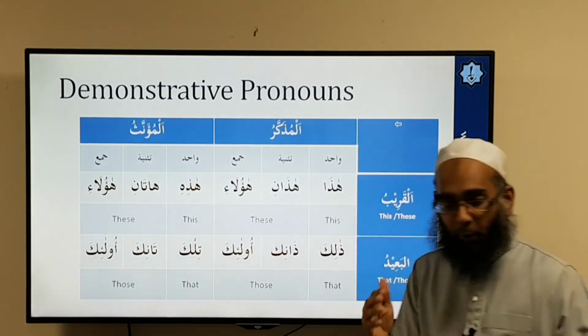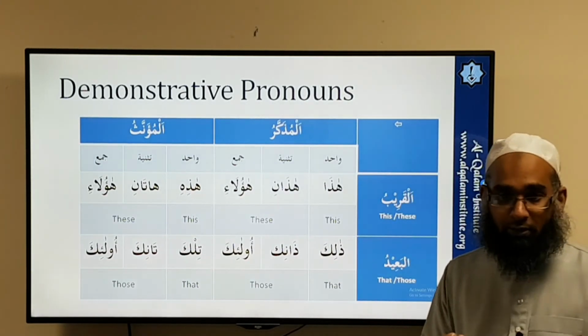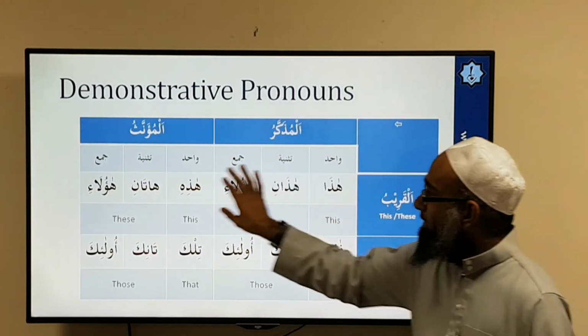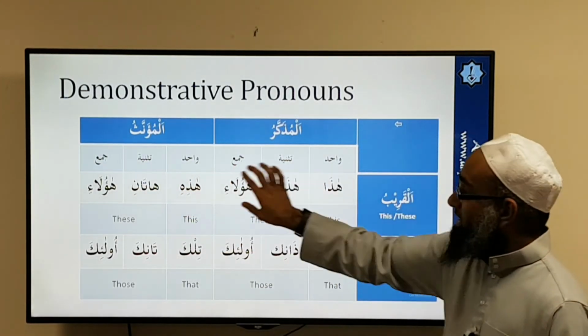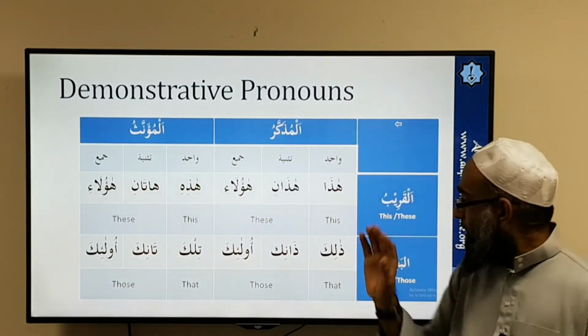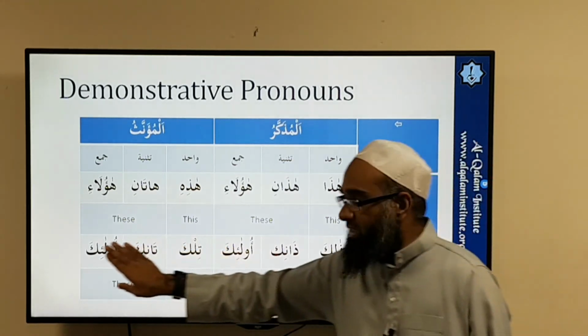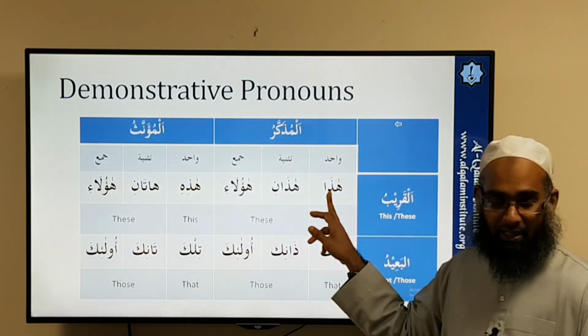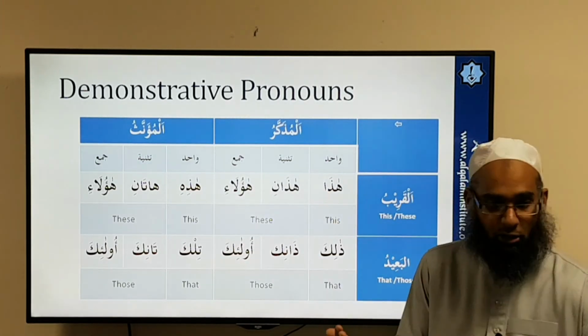So if you're pointing to something which is close to you, then you have to think, is it masculine or feminine? If it's masculine, you use these 3. If it's feminine, you use these 3. And if the thing you're pointing towards is far, you use these 3 for masculine and these 3 for feminine. You point towards one man, what would you say? Hada. Two, not only men, but anything masculine?